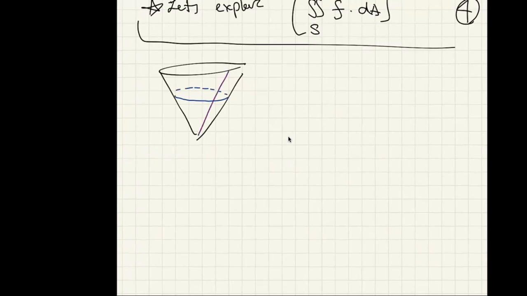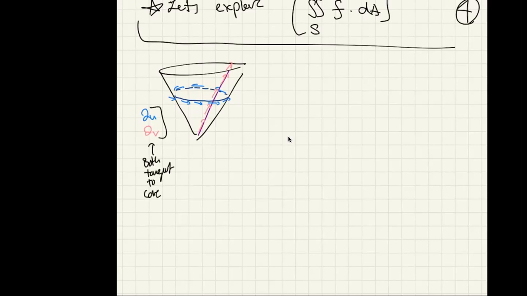And the partial u vector fields are always pointing along the blue lines, and the partial v vector fields are always pointing along the purple line. So these are both tangent to the cone.